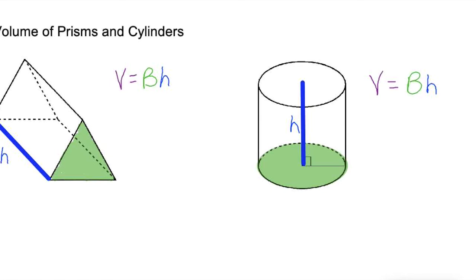Now, the difference is that since the base is a circle, the area of the base is actually pi r squared. So the volume would be the area of the base, which since it's a circle is pi r squared, then times the height.